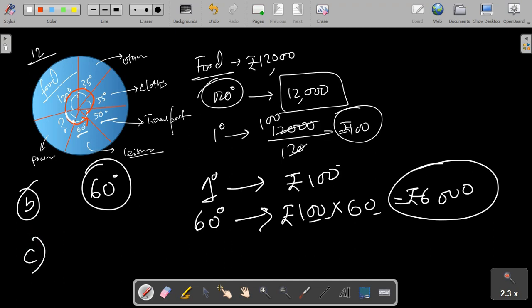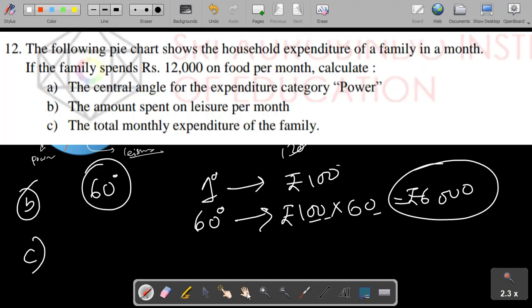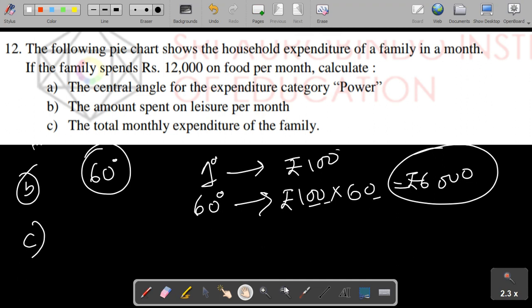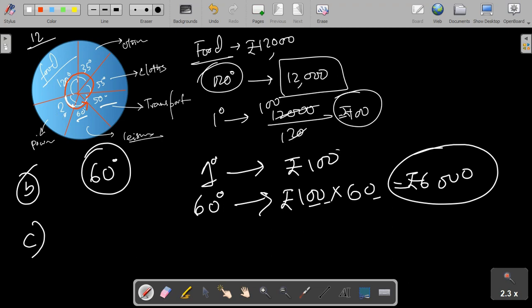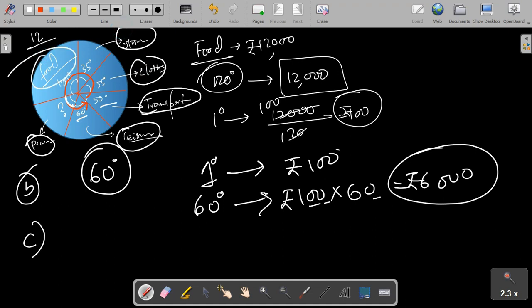And for C, they have asked for the total monthly expenditure for the family. We can do this in two ways. You can find the expenditure for power, laser, transport, clothes, others and food individually and add them up. But what I would suggest is that the total is 360 degrees, and for 1 degree the expenditure is 100 rupees.